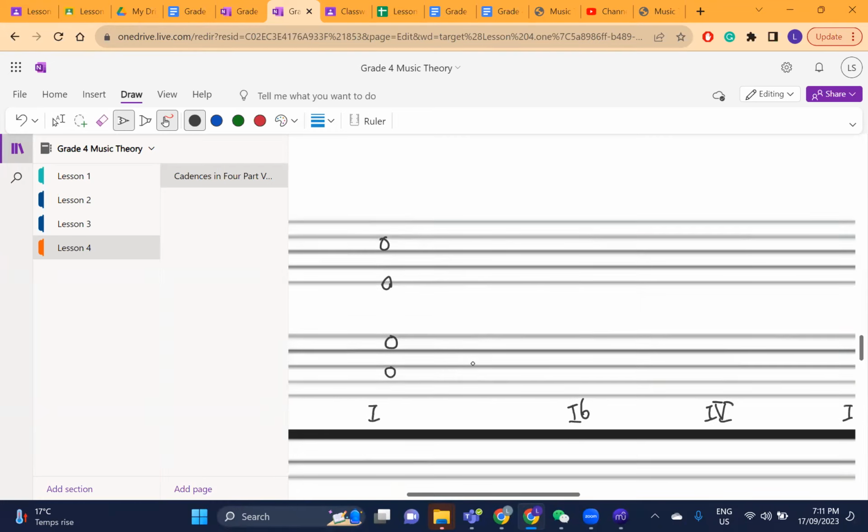Now chord 6 4 to 1. Let's do this in D major.